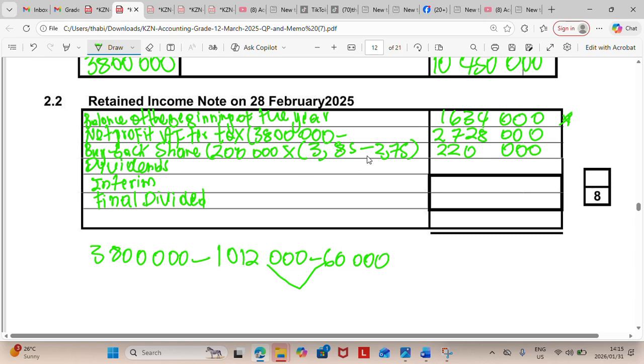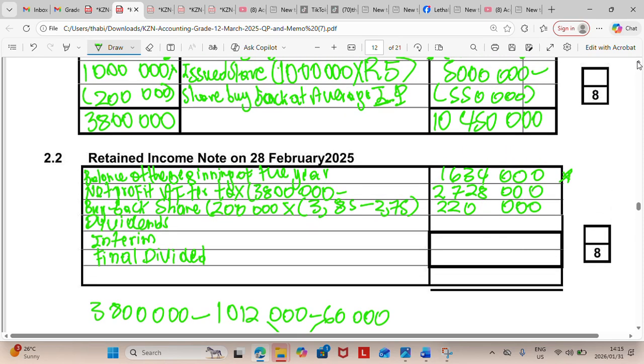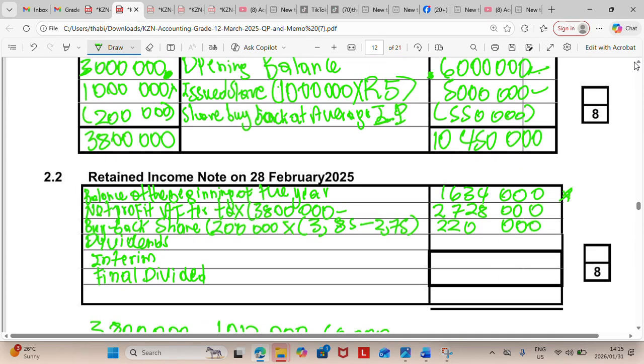Okay, so guys, with this example, as you can see, this example is straightforward. Sometimes these questions tend to be a bit complicated. So if you can check, we bought back shares of how many shares?